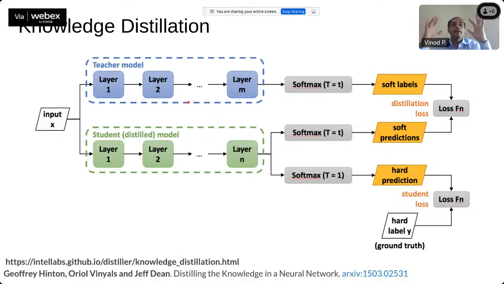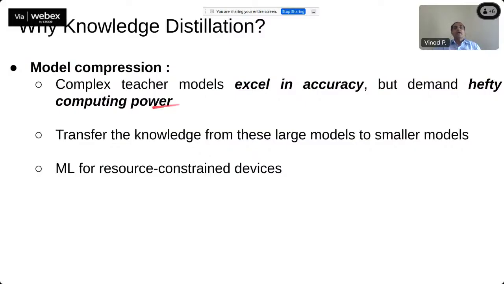You can imagine it in a realistic scenario also: a teacher is more knowledgeable, and by delivering the lecture, by teaching, the student will distill the knowledge from the teacher, not the complete knowledge, but part of the knowledge. So why was knowledge distillation actually postulated? Knowledge distillation solves one of the important problems, which is called model compression.